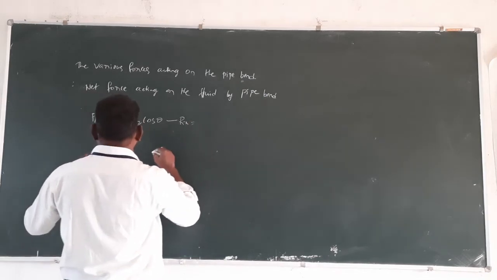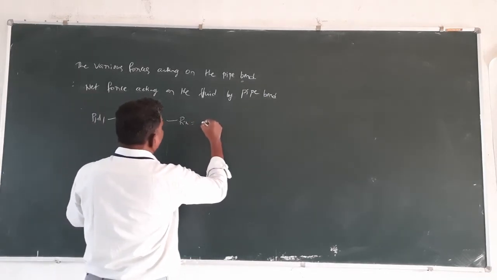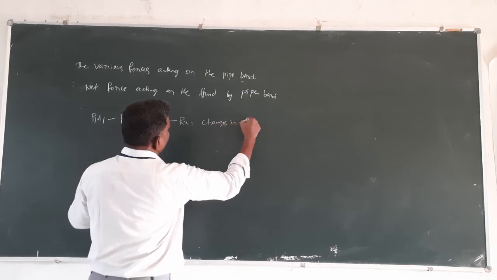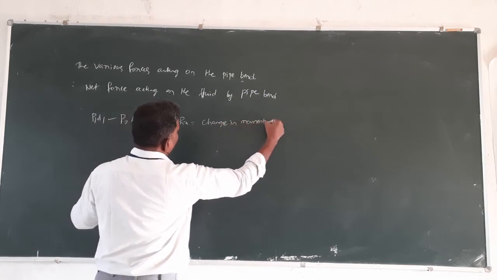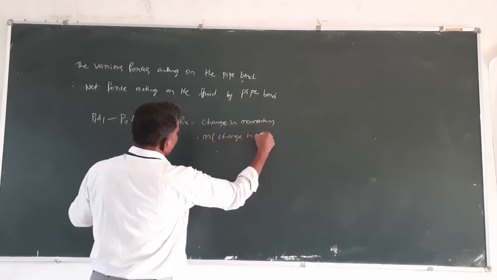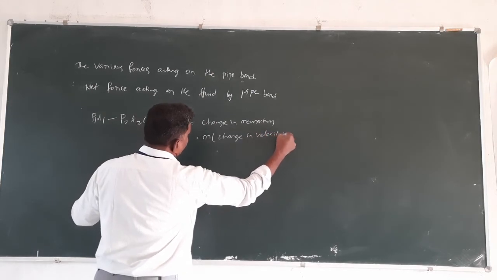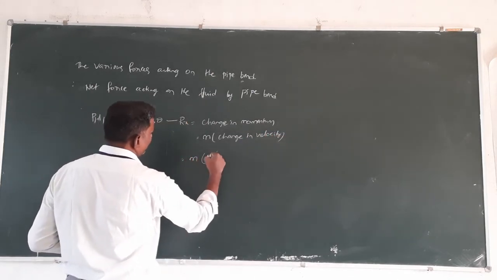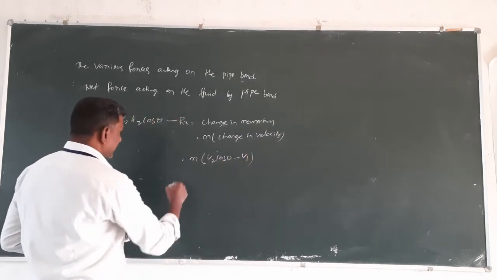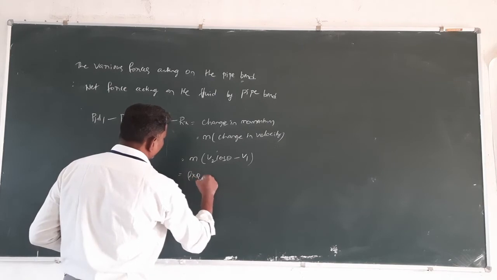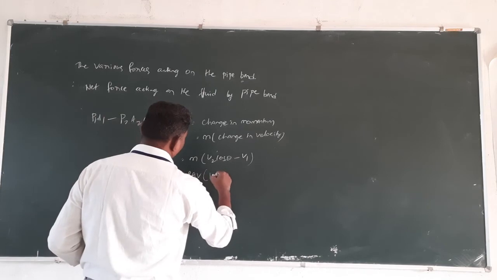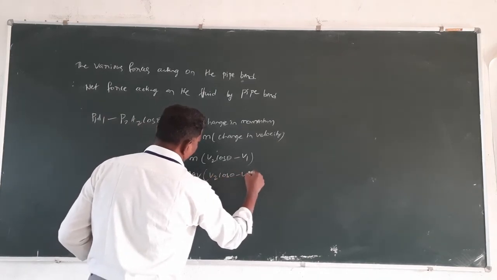Net force is equal to change in momentum. This is equal to m into change in velocity, that is equal to m into (v2 cos theta minus v1). m is equal to rho Q, the mass flow rate, which is rho A V. So rho Q into (v2 cos theta minus v1).